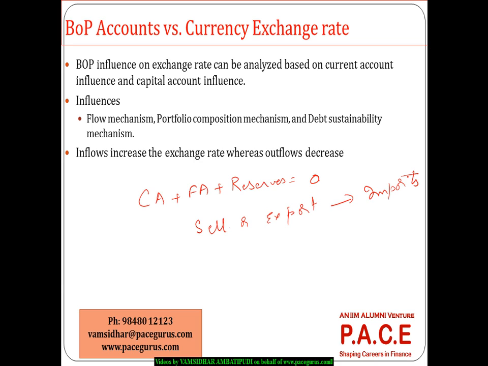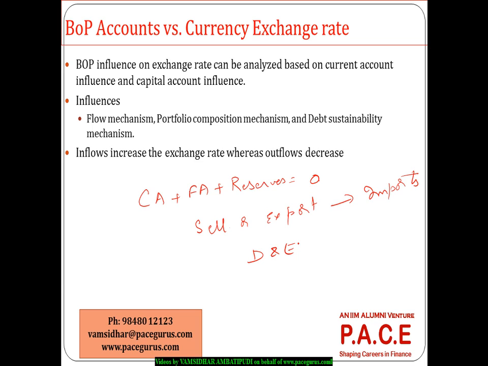Then when we talk about the financial account, we are talking about debt and equity investments coming into the country versus going out of the country. And of course, when we talk about the reserves, we talk about the reserves that are held by the country. Generally, we don't see the reserves changing from year over year, right? So the major two influences are on the current account and the financial account, or typically the capital account.